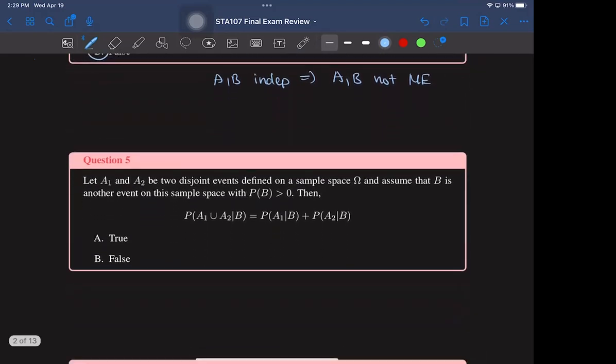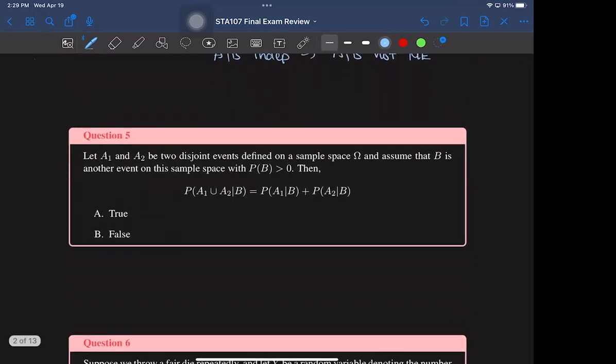If no question, I will let you attempt question 5. Again, please vote on Kahoot if you joined. Otherwise, you can type in the chat. You can either draw a Venn diagram to see if the expression makes sense, or you can expand it mathematically.